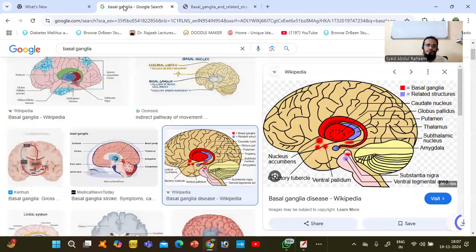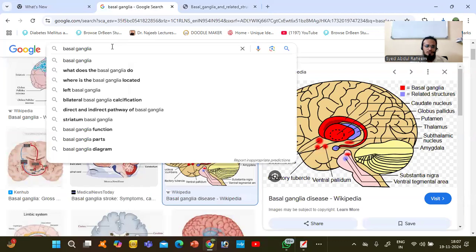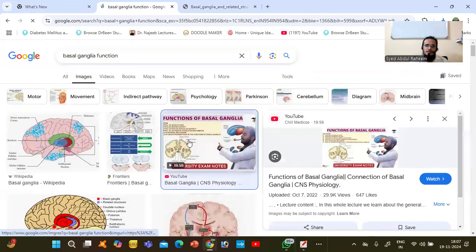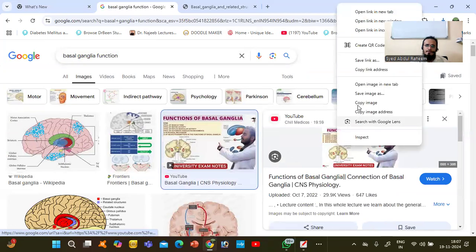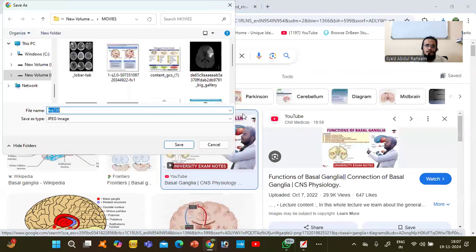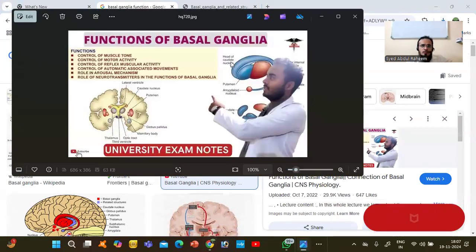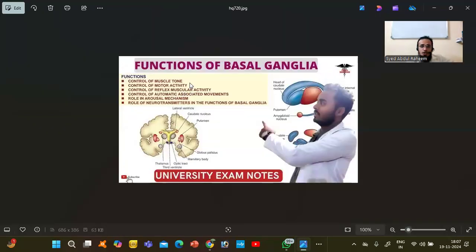So what is the basal ganglia function? It is very important. Here they have control of muscle tone, control of motor activity, control of reflex muscular activity, a role in the arousal mechanism, and the role of neurotransmitters in the function of basal ganglia.